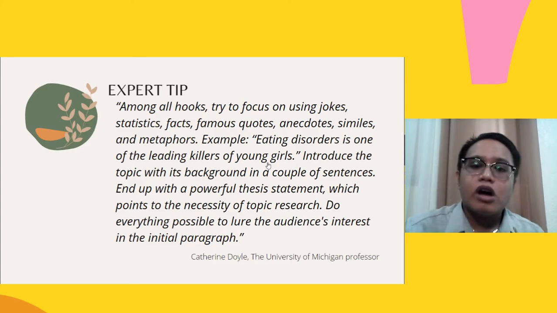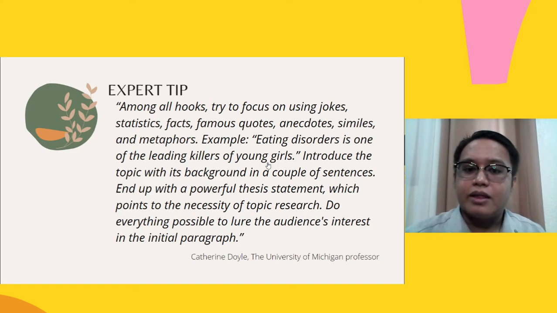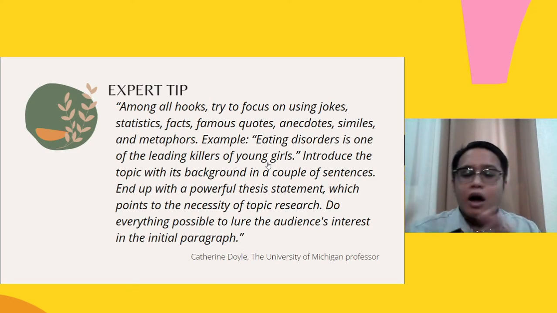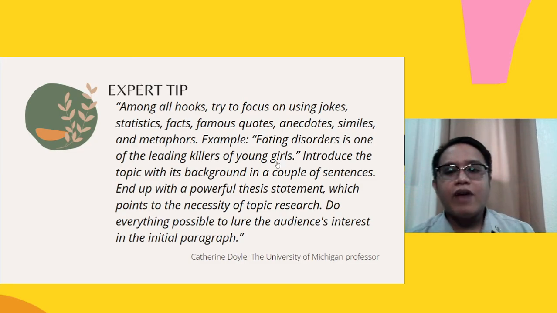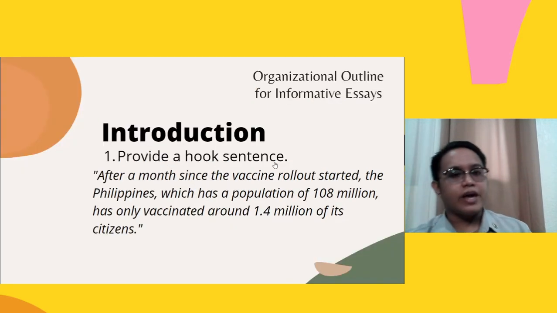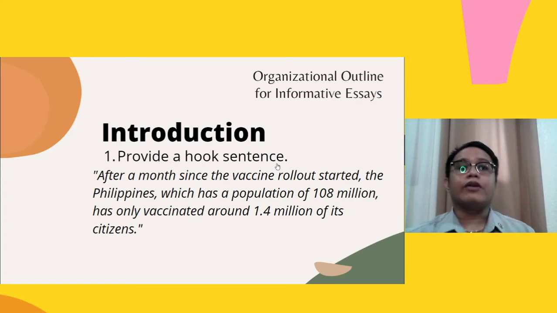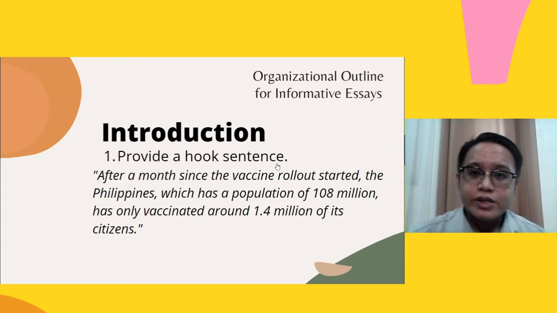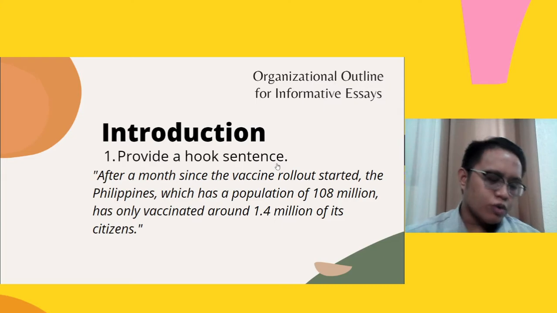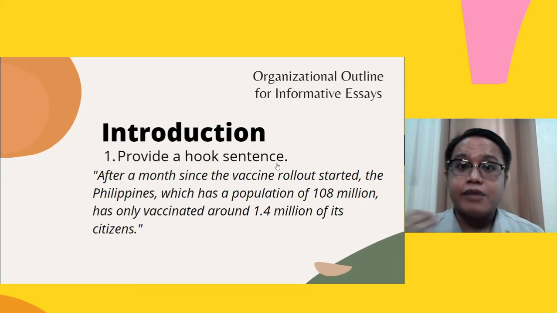So your introduction is very important. Let me help you how we can go about this introduction. So first, provide a hook statement. The hook sentence that I'm trying to write here is a fact.